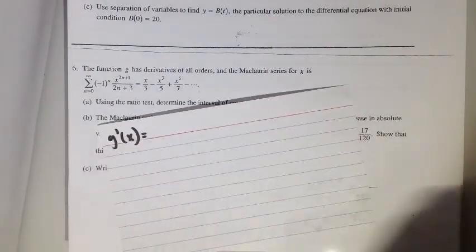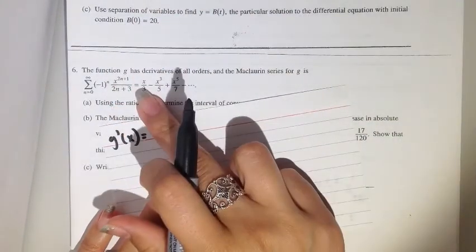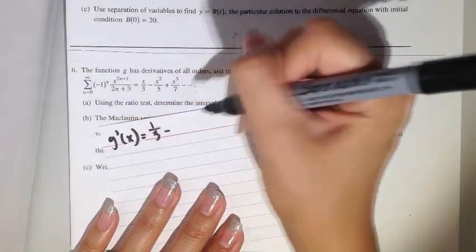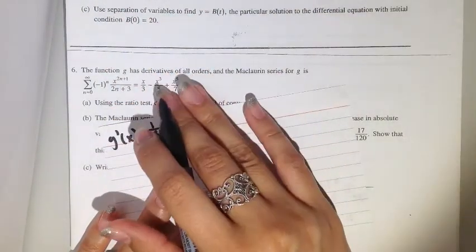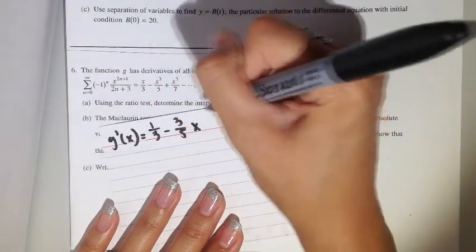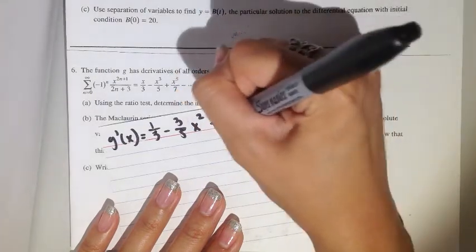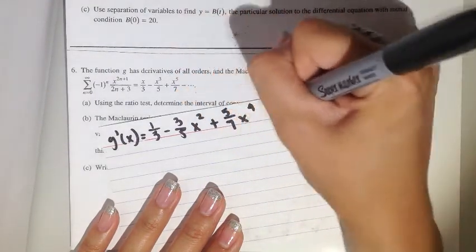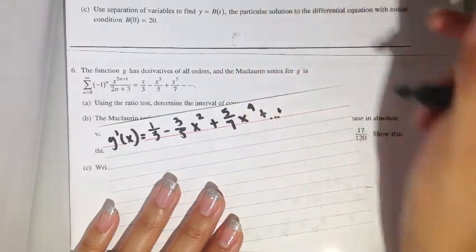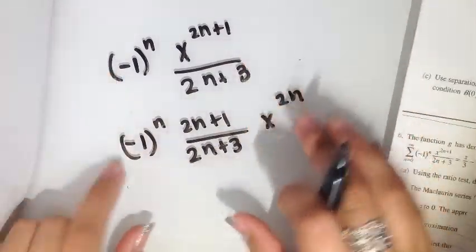That would look something like 1/3, taking the derivative of this first term, then the second term, x to the 3rd over 5, so 3/5 x squared, 5/7 x to the 4th. Then the general term, taking the derivative of the general term, this is G of x and this is G prime of x.